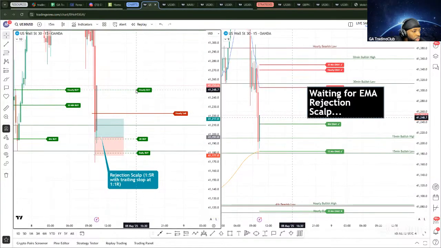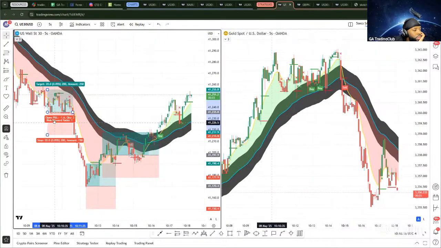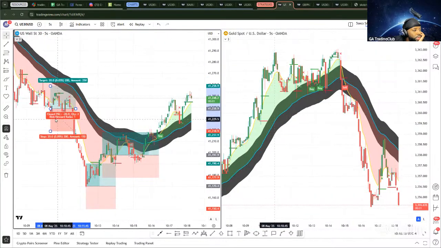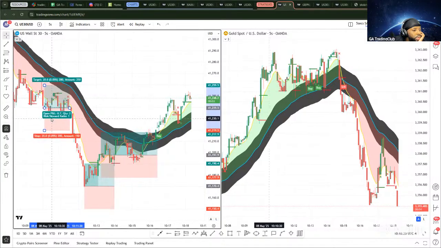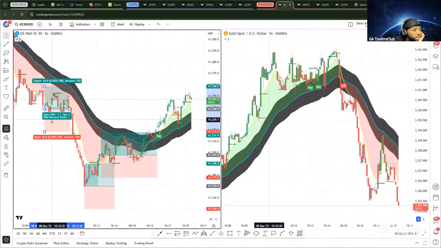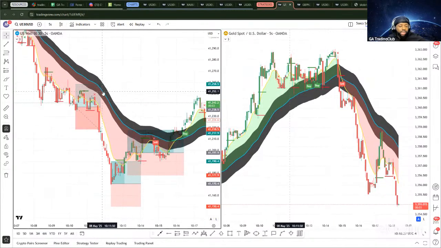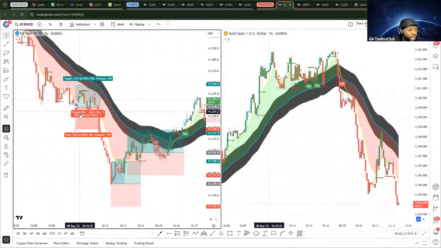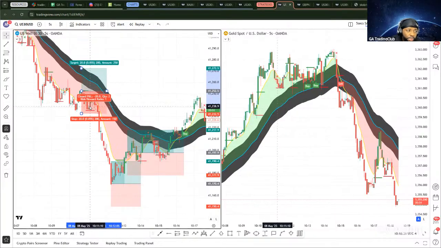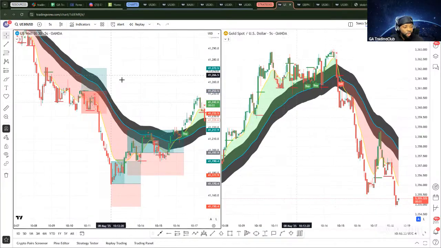Oh, wait, here. 48, so it should have been 38.7. So 38.7 somewhere. Yeah. So even if you just took it at the 10-point marker for this one, you would have gotten stopped out. Same way for me, I would have gotten stopped out here, which I did.